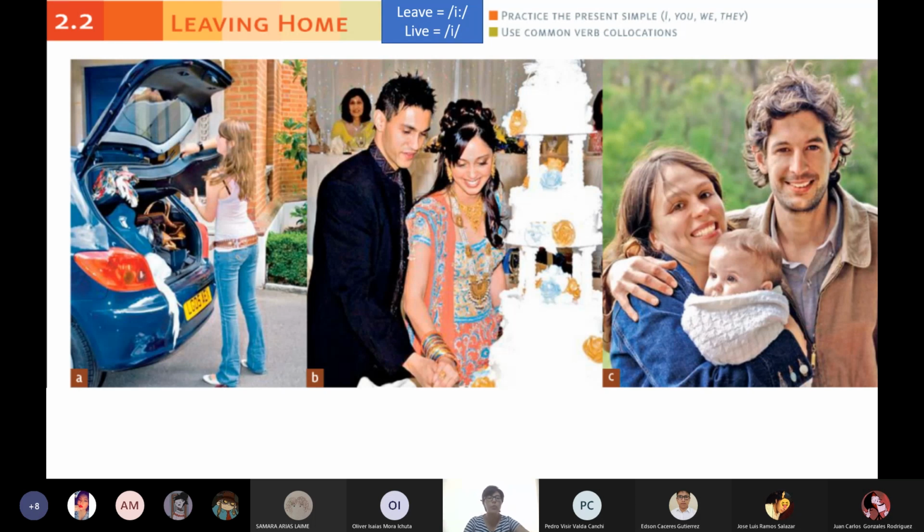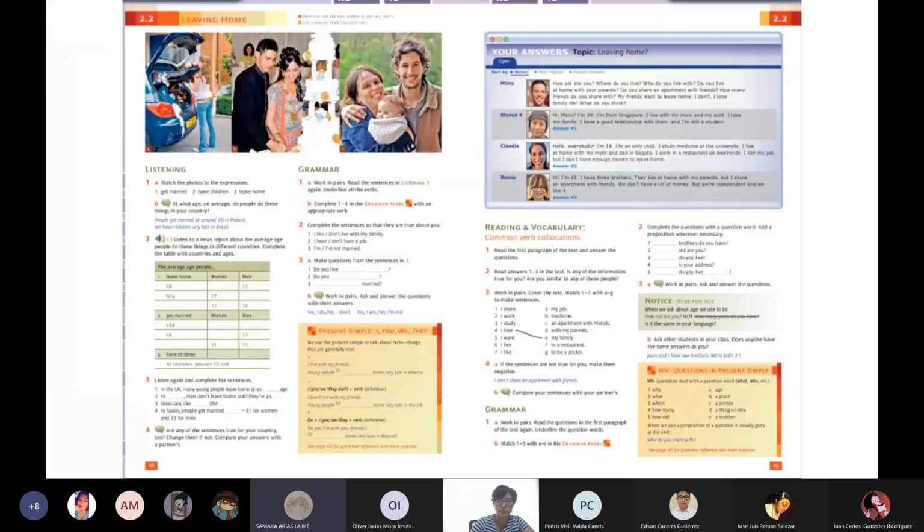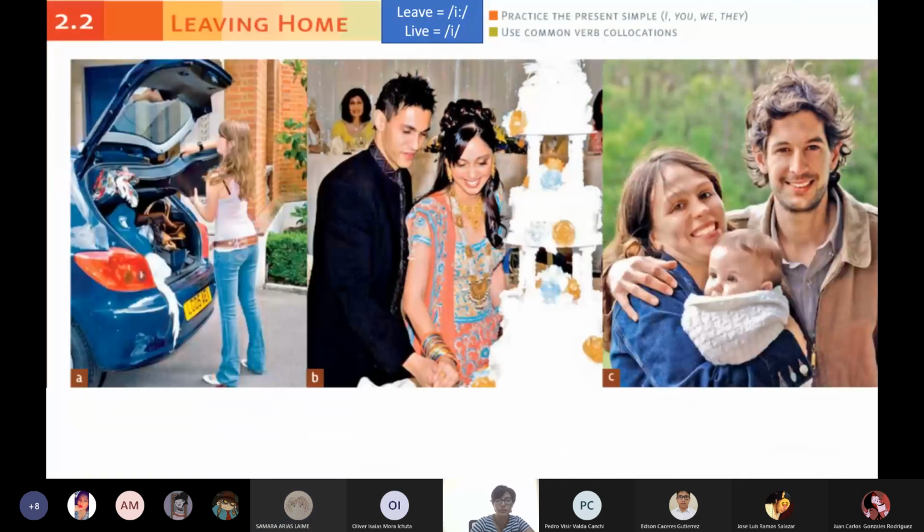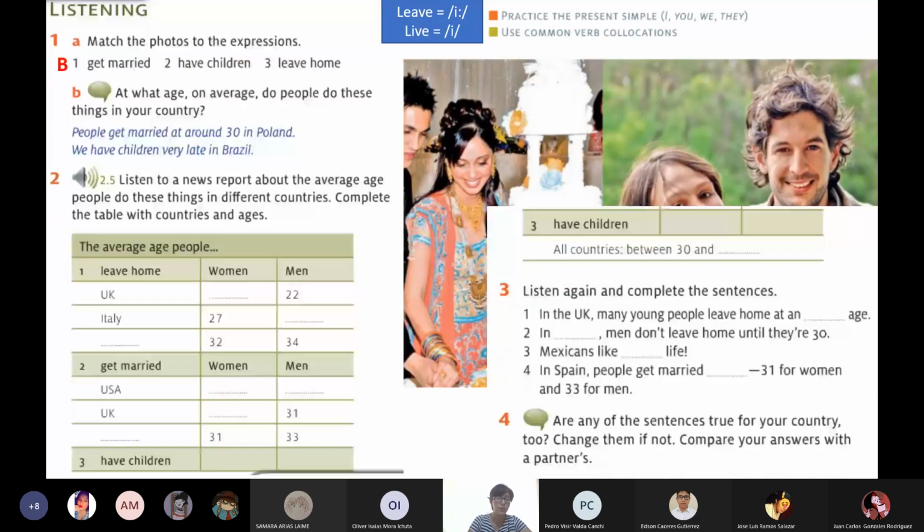So, Samara, what about have children? Picture C. And the last one is to leave home. Picture A. Yeah. So picture A could be you leave home in order to go to the university or to travel to another country, right? So here you have get married, picture B. Have children, picture C, and leave home, picture A.